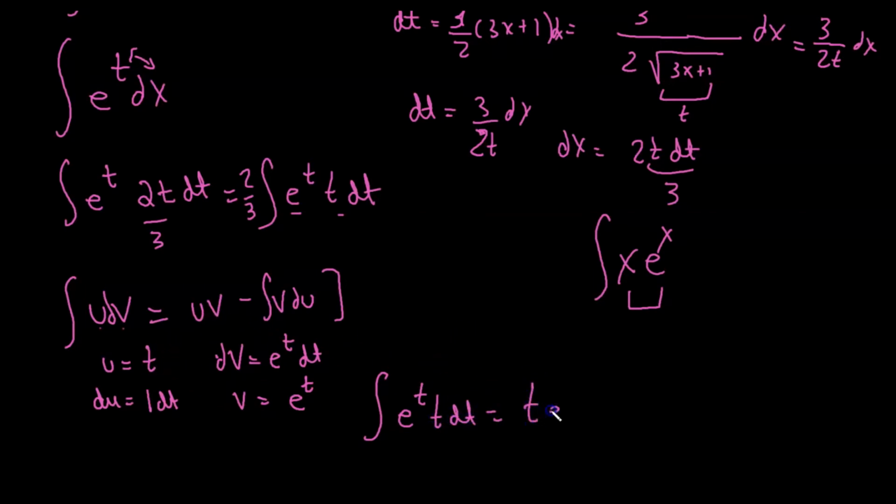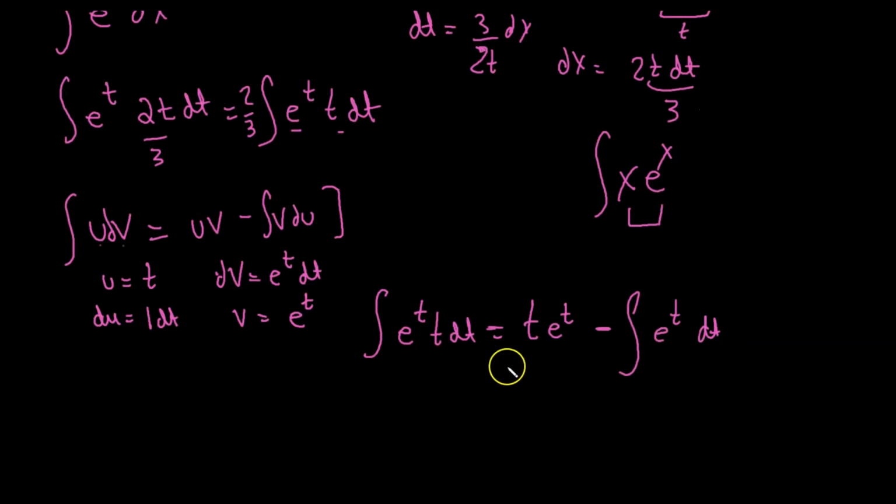So u times v, so t e^t, minus the integral of v, so e to the power of t, du, so dt. And that's a really easy integral, so it's t e to the power of t minus e^t plus c, and we have to multiply everything by the 2/3 that we had in the beginning.